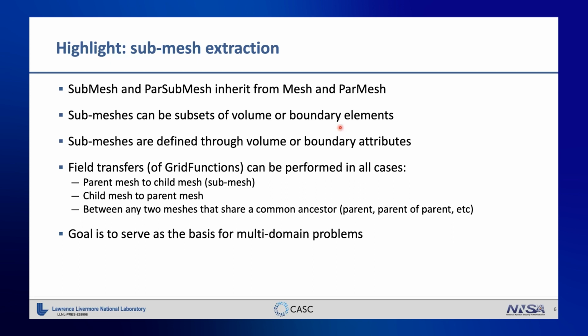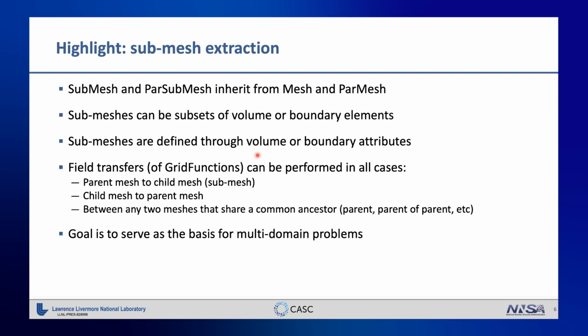You restrict your data to an interface and then transfer it to the other side, or maybe you can even define certain forms on boundaries if that's what your discretization needs. Currently, the submeshes are defined either through volume or boundary attributes, and this is not a big limitation, I think.